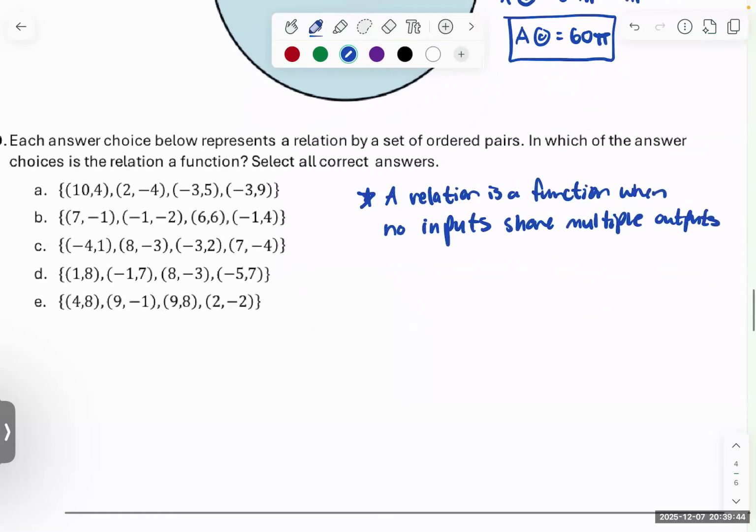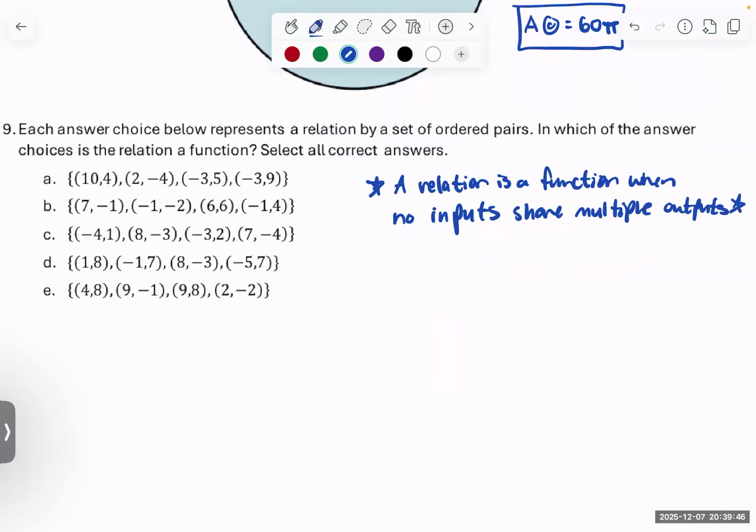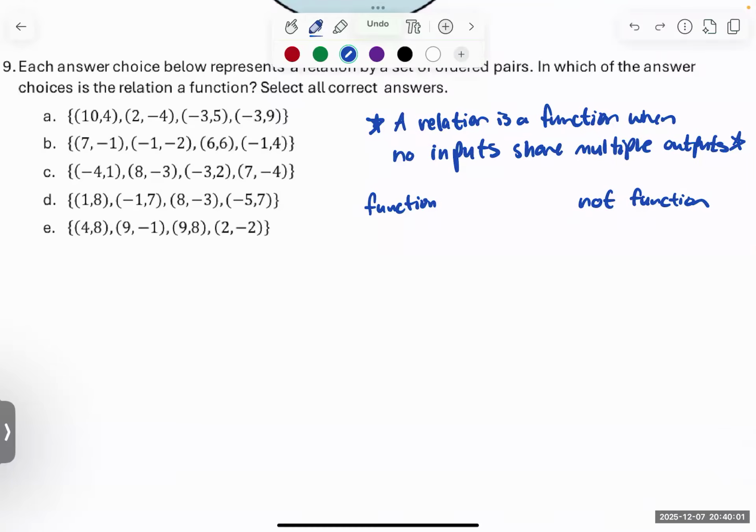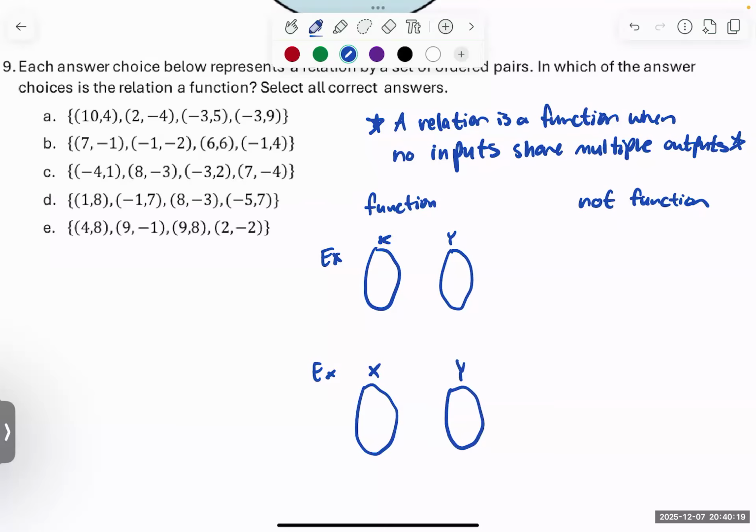So some examples for a function and not a function, just so we can understand what the answer is supposed to look like.